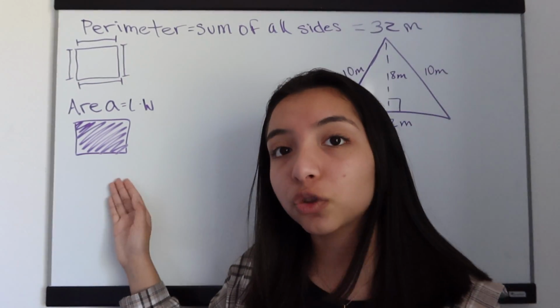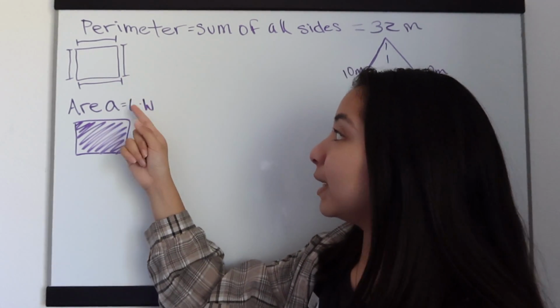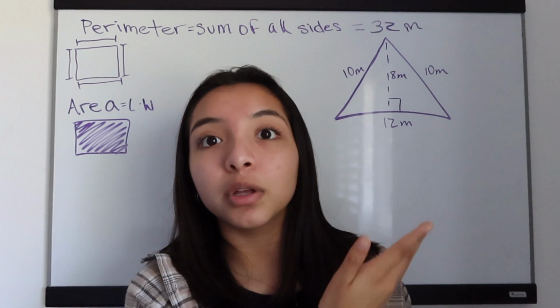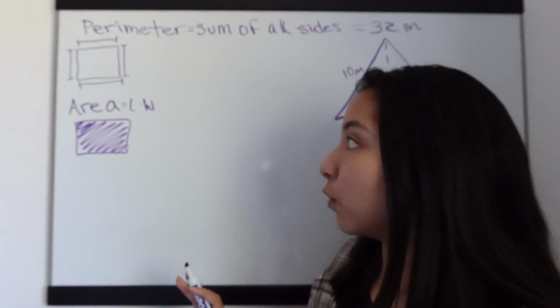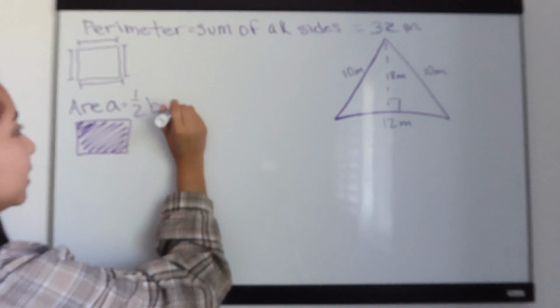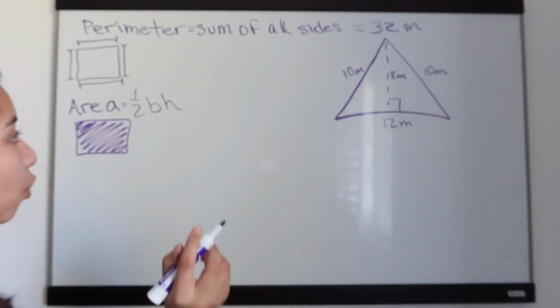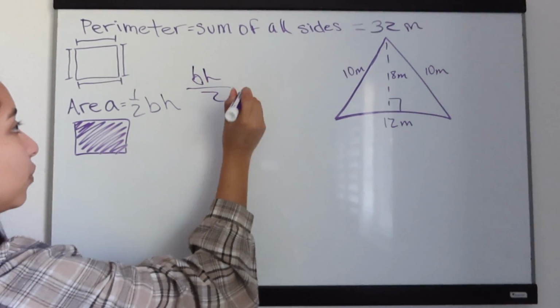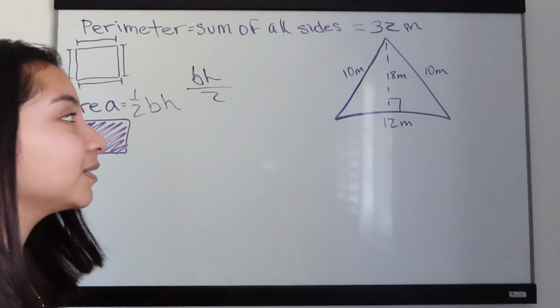The only thing that's different is the way we find the area. To find the area of a square and a rectangle, the formula is length times width. But this is a triangle, so we will have to use a different formula. And that formula is 1/2 base times height, or base times height over 2, whatever you remember best.